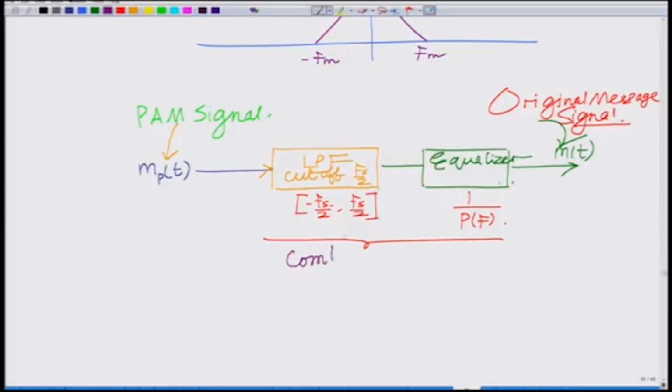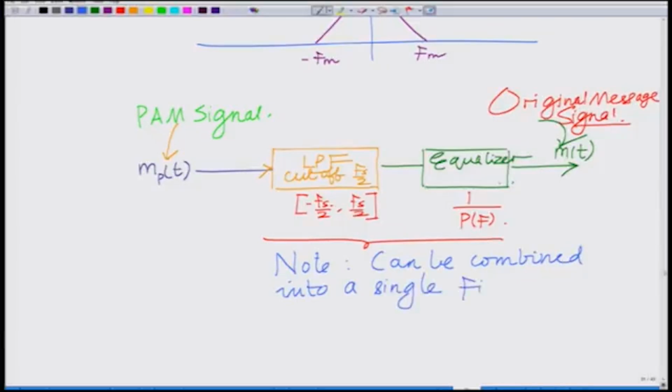We can also note that these can be combined into a single filter. Alright, and then one can reconstruct the original signal m of t from the pulse amplitude modulated signal MP of t.